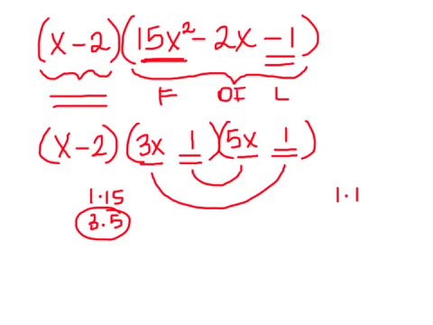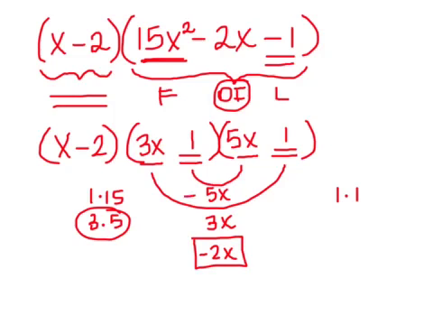We've already done the first and the last part of our FOIL. Now we're just trying to do something with our O and I in the middle of our FOIL. The inside and outside products give us 5x and 3x if you multiply. And our goal is to get a negative 2x. So the signs that have to happen on the 5 and the 3 to make that add together to give you negative 2x is a negative on the 5 and a positive on the 3.